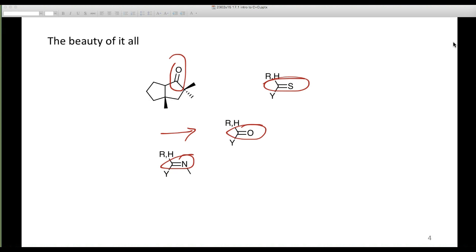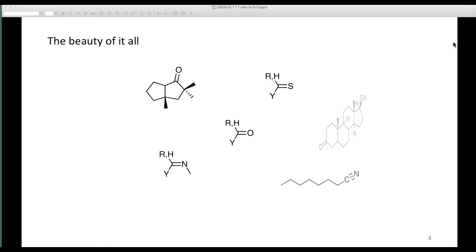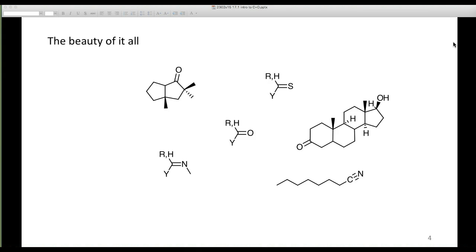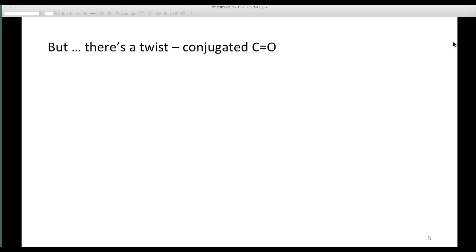So it's not a whole bunch of new reactions, it's just the same old reaction. Even these guys, when you are faced with these particular molecules in a reaction, you're going to say, there's a carbon electrophile, there's a carbon electrophile, carbon electrophile. They all react the same way. So just focus on the functional group.